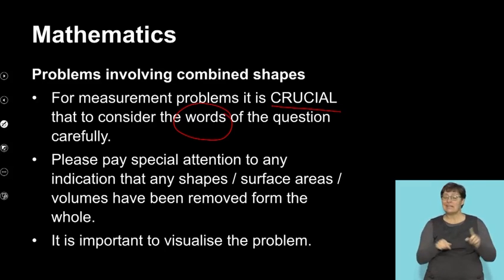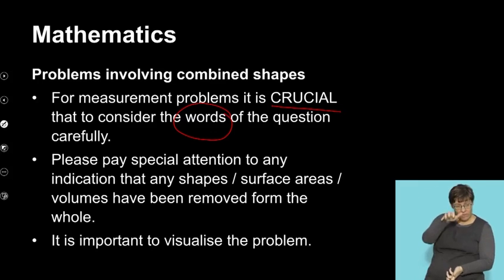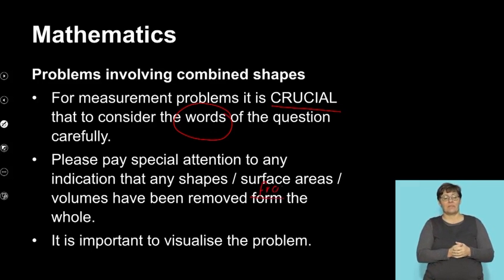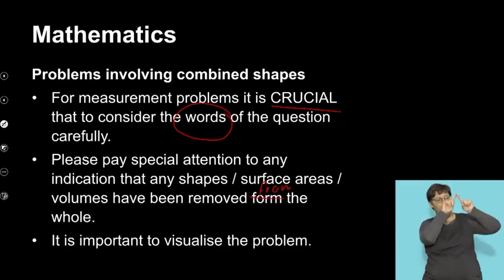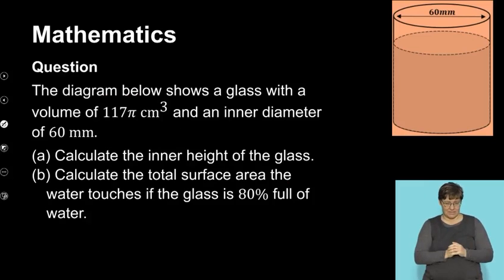Then it's also very important to pay special attention to any indication that shapes, surface areas, or volumes have been removed from, not form, the whole. And lastly, it is very important to visualize the problem. So often these situations are depicting something that could happen in real life. So it can help for us to visualize the problem and see how it would actually make sense for ourselves. So let's have a look at the first example.